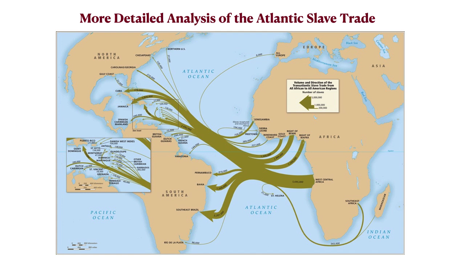Now, there are several reasons for this. One was the death rate of people coming from Africa to the tropical regions was higher than it was to the United States. Probably a more important reason, though, was that in the U.S., there was a movement away from purchasing enslaved people from Africa directly and actually producing slaves on plantations.